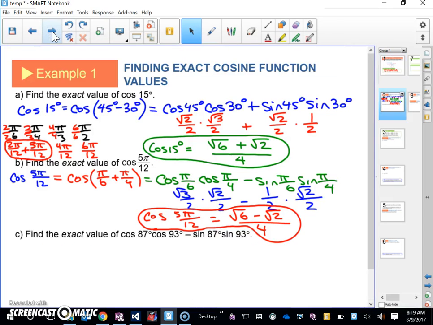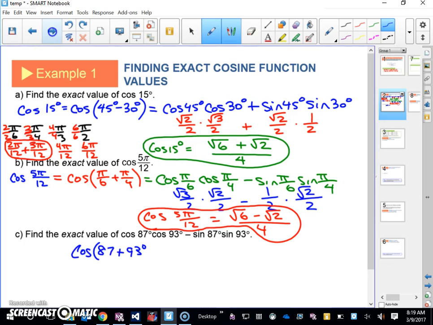This must be a cosine sum formula, and so basically what we have is a sum, cosine of 87 plus 93. I used the exact same formula, I just used it backwards. I noticed this minus sign indicated that I was going to have a plus right here.